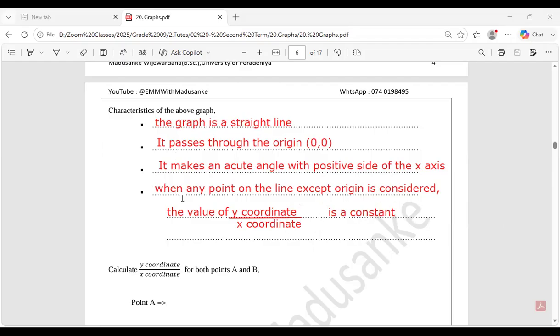This is what I have explained earlier. When any point on the line except origin is considered, the value of y coordinate divided by x coordinate is a constant. Right?